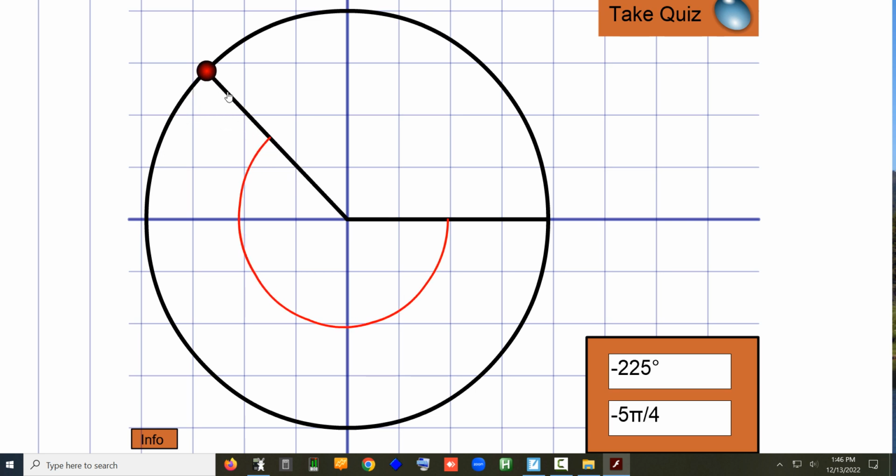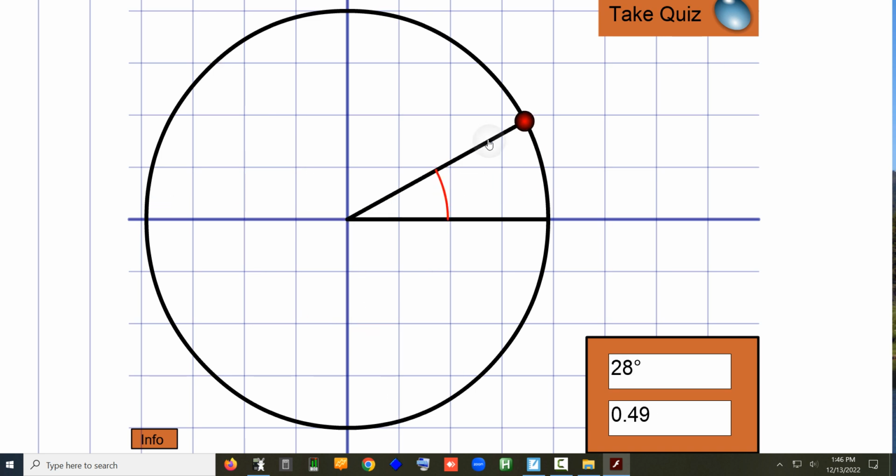So there are special angles along this circle, generally ones that are multiples of 30 or 45, that are written with a pi in it. If we just pick a random angle, then it's usually a decimal. But if we end up on one that's like a multiple of 30, like 30 itself, you're going to see pi.